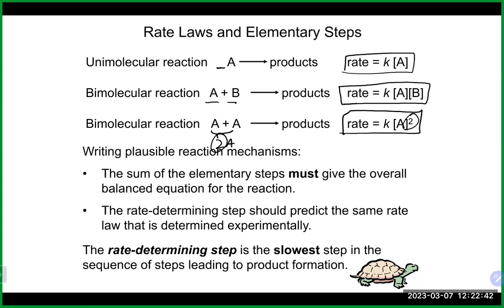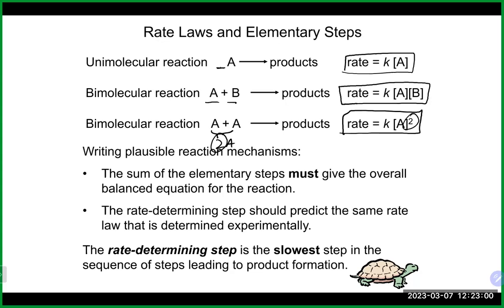The very first thing is that when you add up all the individual steps in the mechanism, it needs to equal the reaction you're looking at. If you add up all the individual steps and it doesn't equal the same reaction, then it's obviously a bad mechanism.